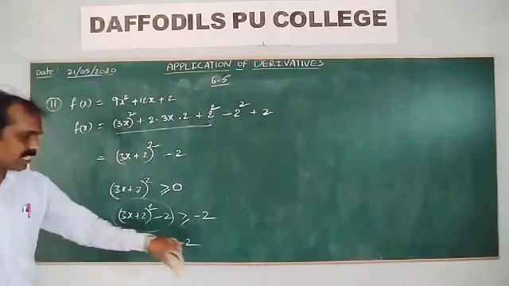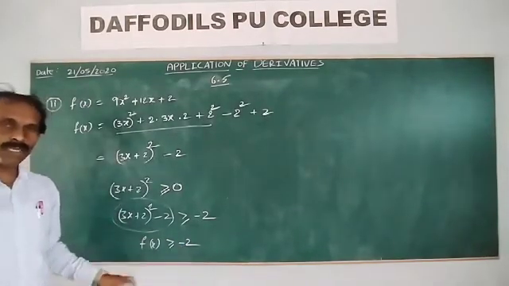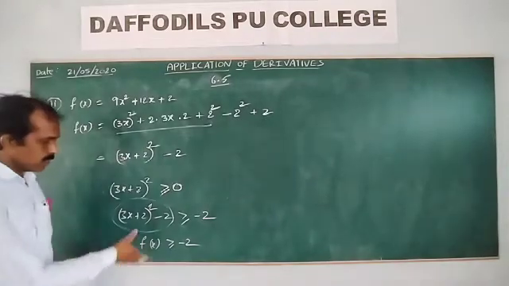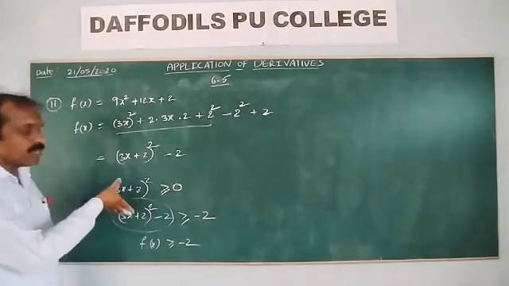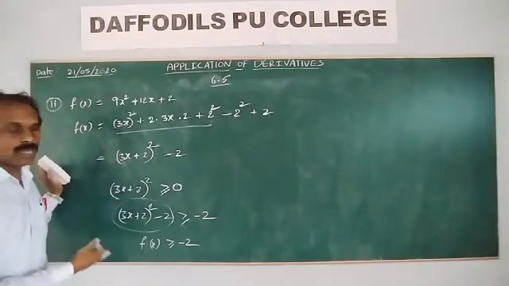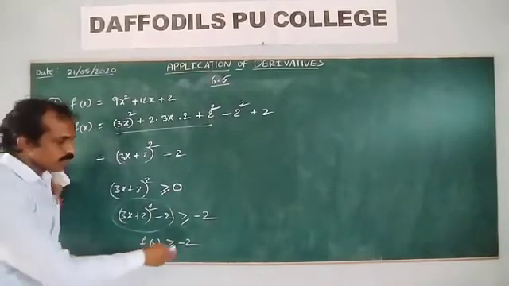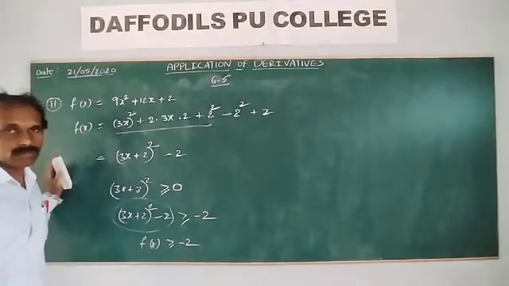So f of x is always greater than or equal to minus 2, which means it has a minimum value. If you increase x, the value keeps increasing, so the maximum value is undefined; you cannot determine a maximum value. So the minimum value is minus 2.